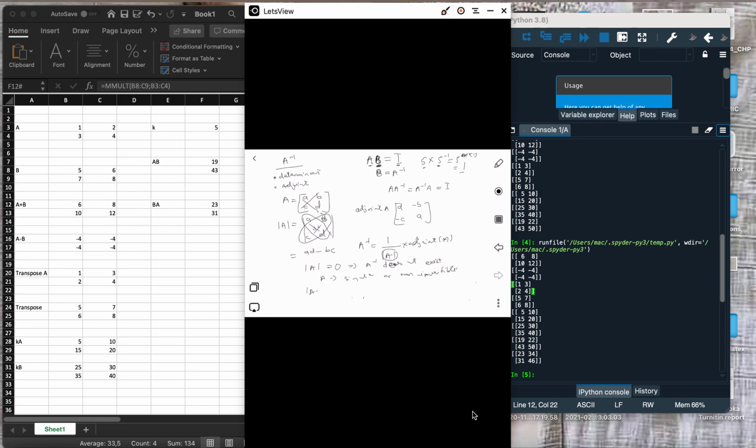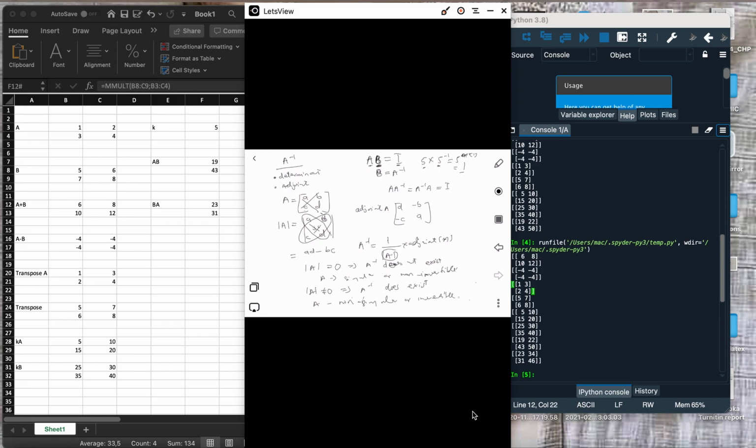But if the determinant is a non-zero number, then you have 1 divided by a non-zero number, which is not undefined. So if the determinant is a non-zero number, it means that the inverse does exist, and if the inverse exists, then the matrix A is said to be non-singular or invertible.